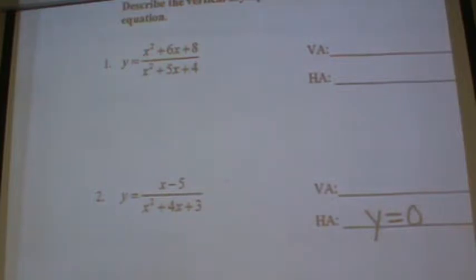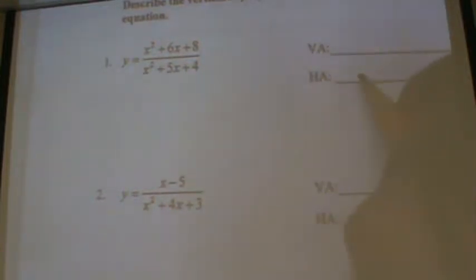So let's do these horizontal asymptotes. Start with number 1. 1. Good job, 1 over 1. So it's y equals 1 over 1. Y equals 1. We said number 2 is bottom heavy, so it's y equals 0.